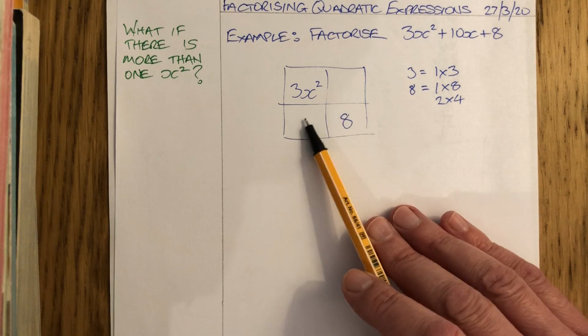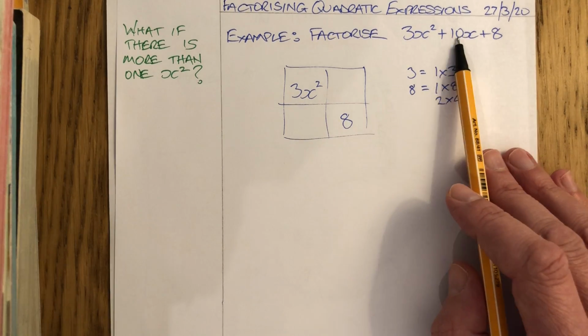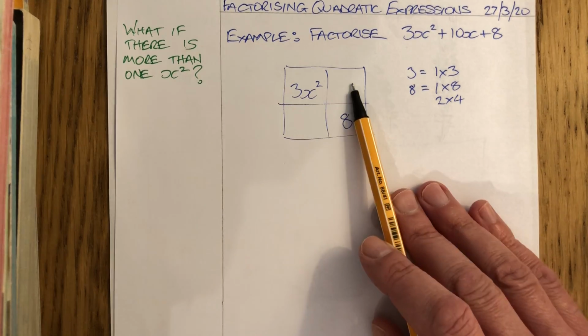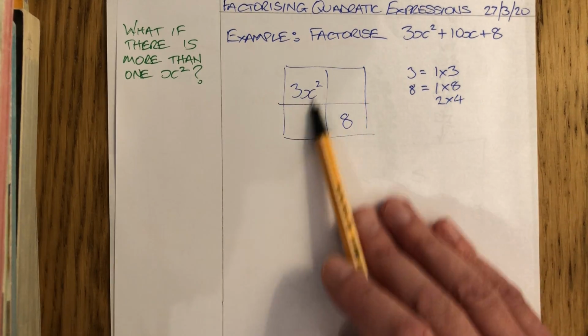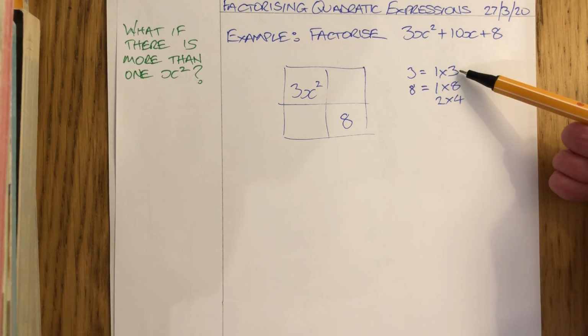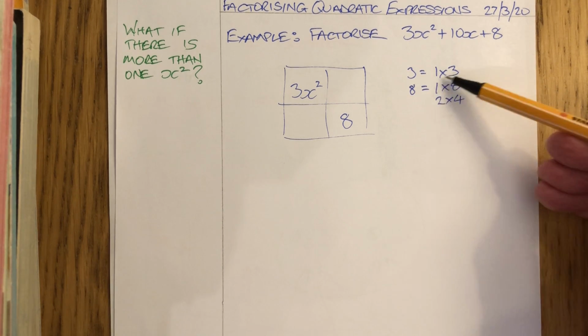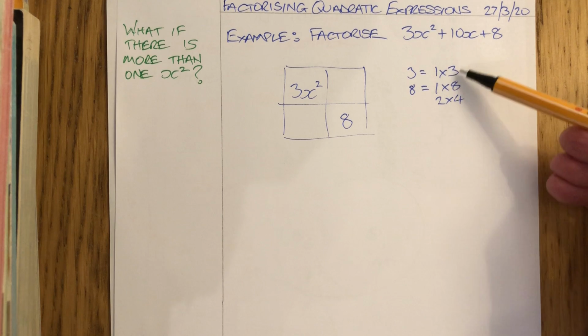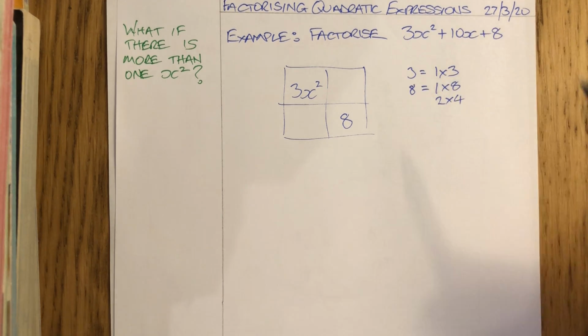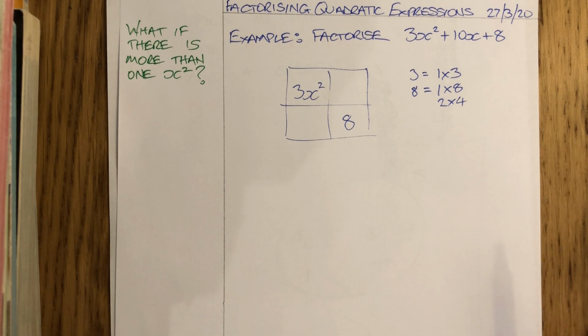These two things have got to add up to 10. These are made by a multiplication. So I've got to multiply one of these numbers by one of these numbers, and the other number here by another number from here, and then add them together to make 10.